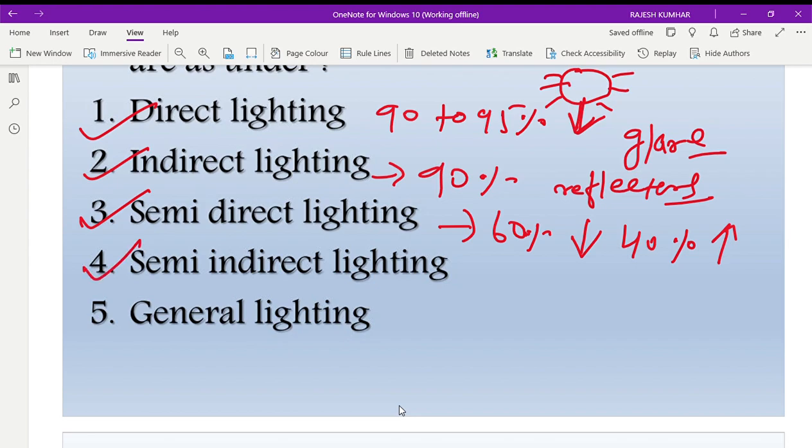Okay guys, now the fourth point is the semi indirect lighting scheme. Here 60 to 90% of total light is thrown upwards to the ceiling, that means the upward direction, and the remaining 10% is in the downward direction.